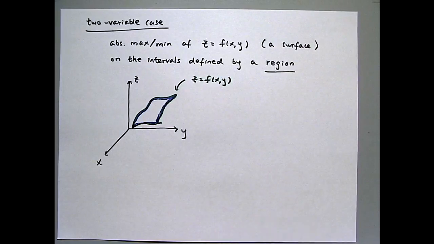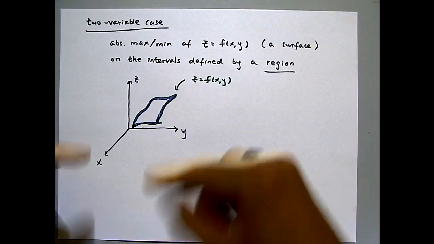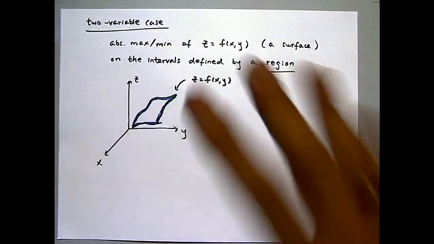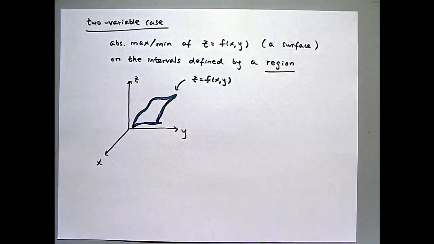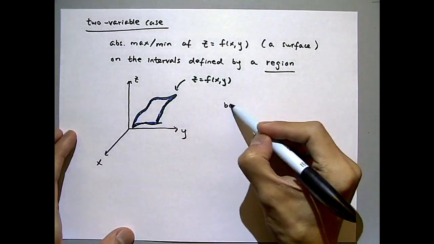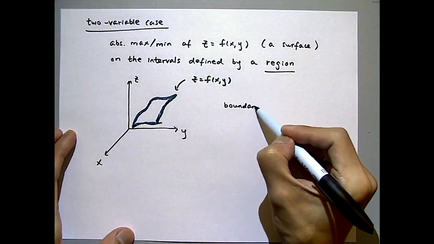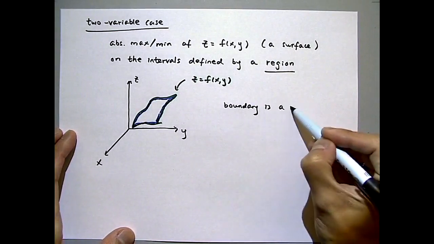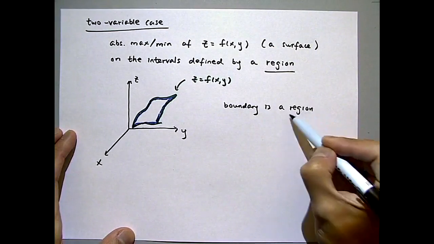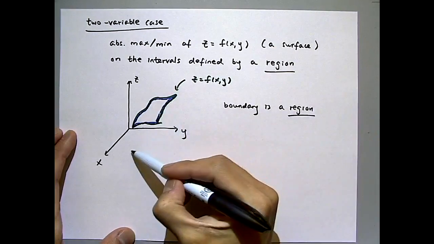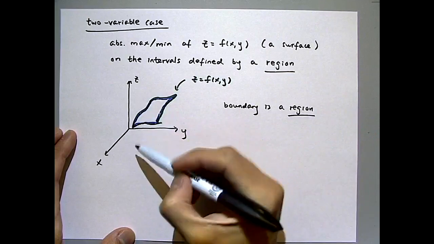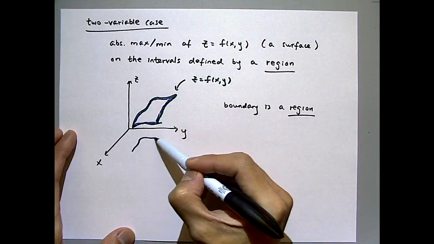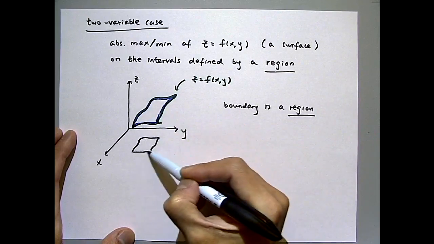So you see the boundary now, this is a region. In the one variable case, it's just 2 points. Now we're talking about a region here. And that region, if you project it down onto the x and y plane, might look something like that.